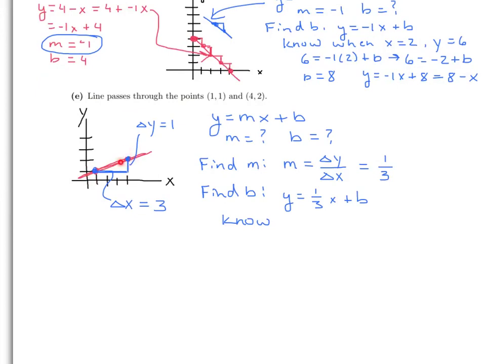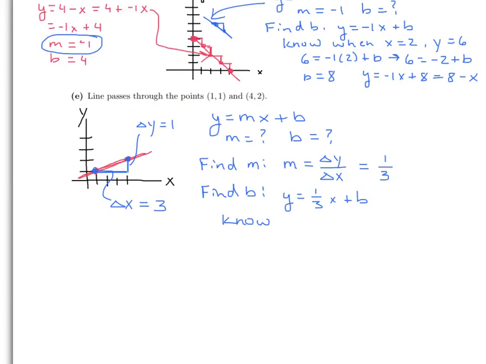When x is 4, y has to be 2. Those are solution pairs for this equation. Either one of these two pairs can be used to find b, and we will get the same value of b no matter which pair we use.